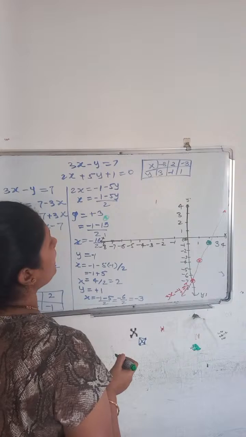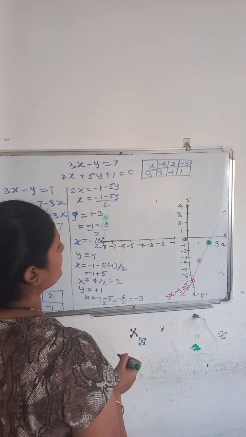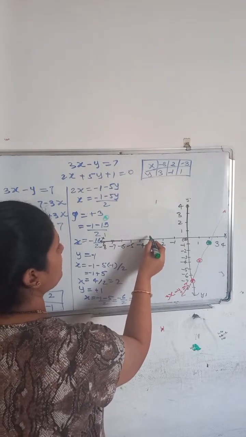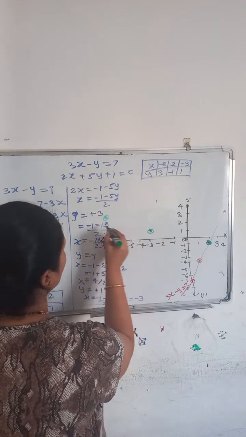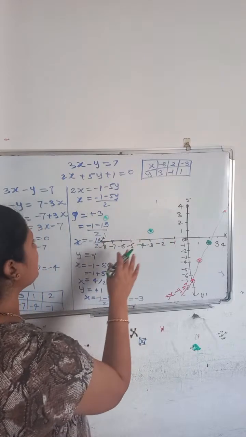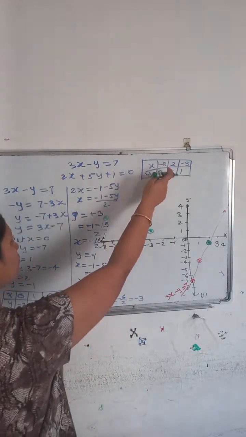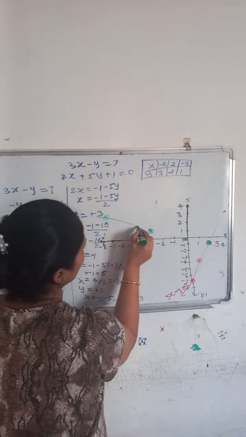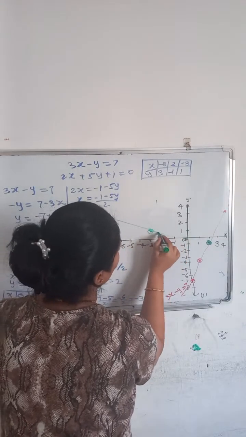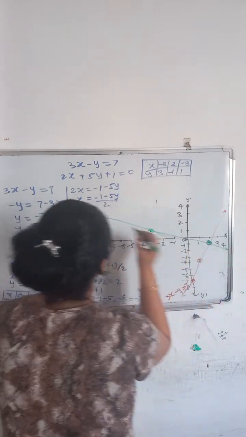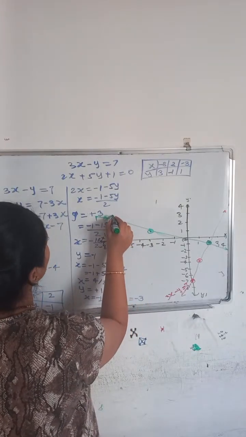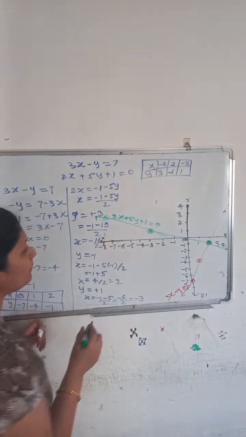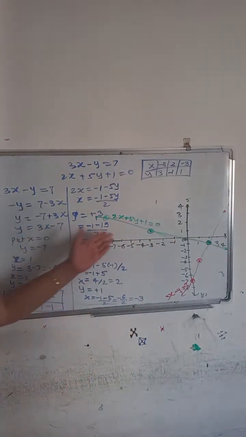And another is -3 and 1. That is this point. So it is very clear it is an intersecting line with a unique solution, because here I got 2, minus 1 as well. So pass the line through all 3 coordinates. This equation is 2x plus 5y plus 1 is equal to 0. So this is an intersecting line.